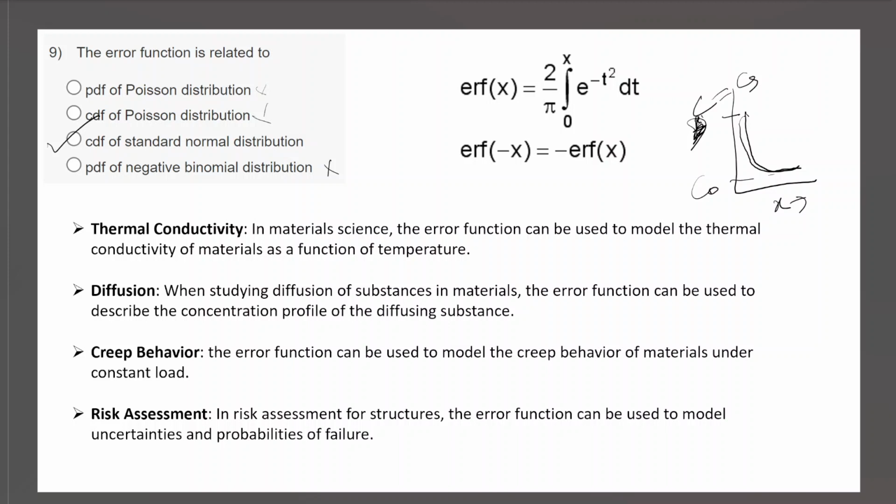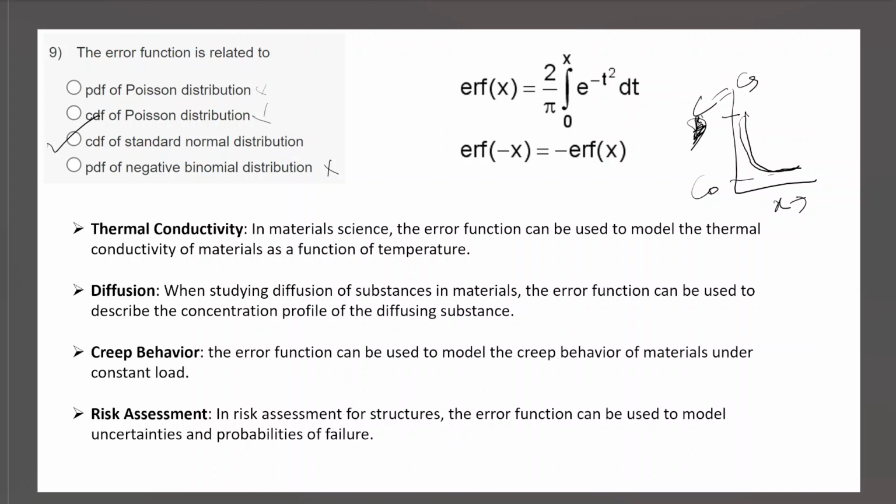This is popularly used in finding the concentration of carbon in case hardened steel at a certain depth from the surface. The creep behavior under constant flow is also popularly modeled using the error function.